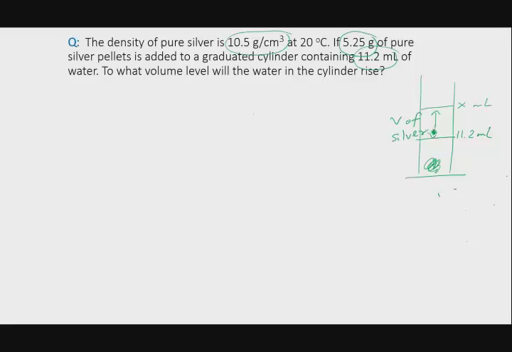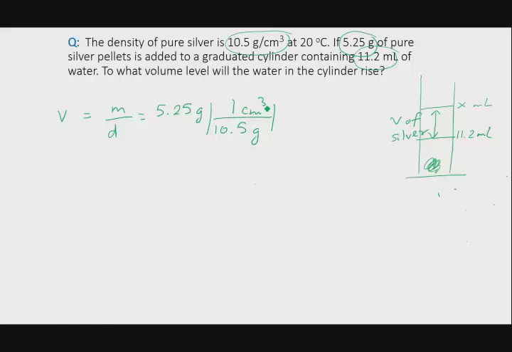Okay, so let's try and solve this problem and get the answer. The first step, just as in the previous problem, will be to figure out the volume of silver, because volume equals mass divided by density. Mass is given in this case as 5.25 grams, and if you divide that by density, 10.5 grams in the numerator and 1 centimeter cubed in the denominator.